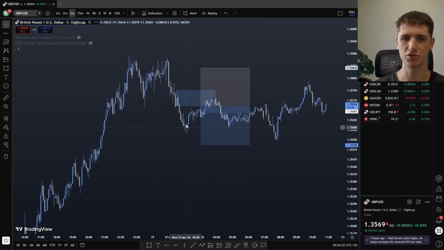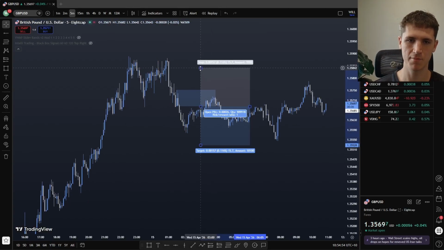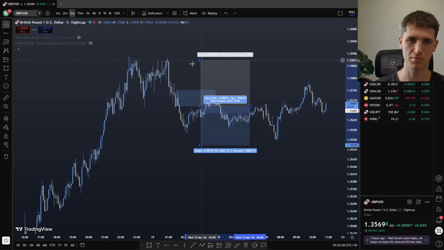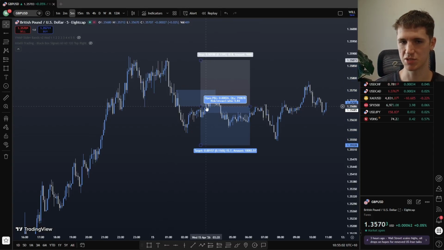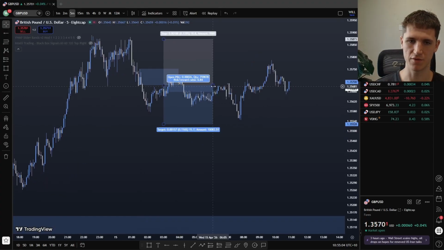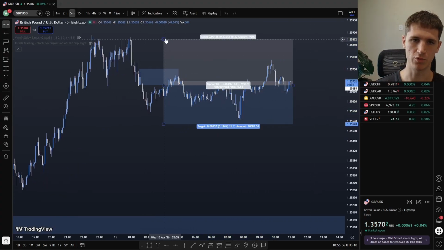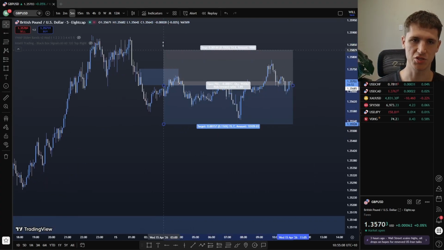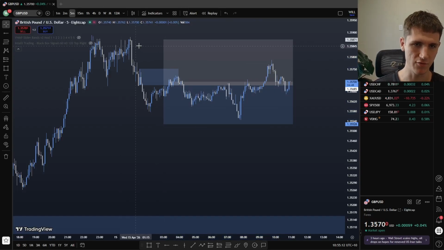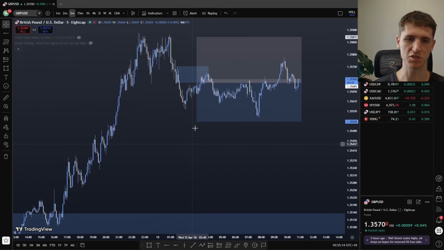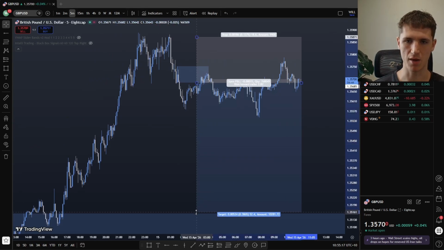We had a break of structure to the downside, a level here. And I wouldn't have my stop loss here. That's where I'd want my stop loss, at that high. So this is just not a very good position at all, because there's no reason for my stop loss to be there. There's no significant level. It's a pretty risky trade in my opinion.